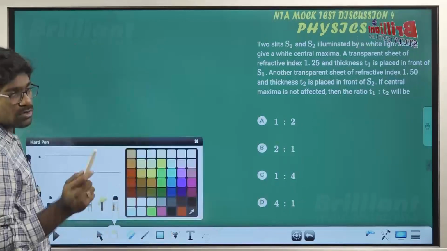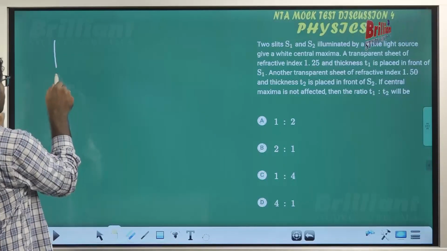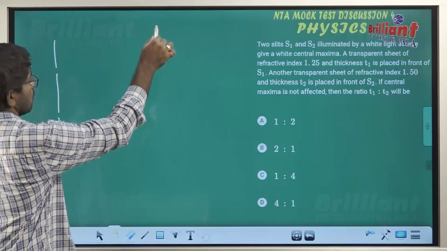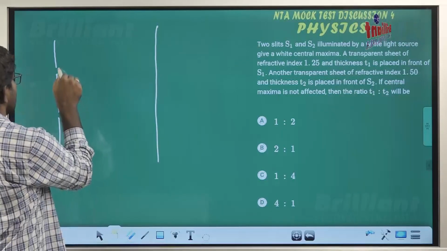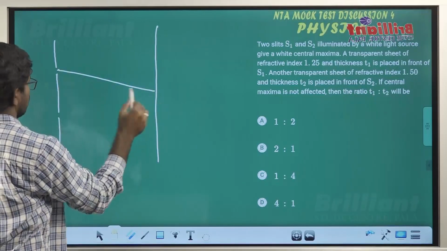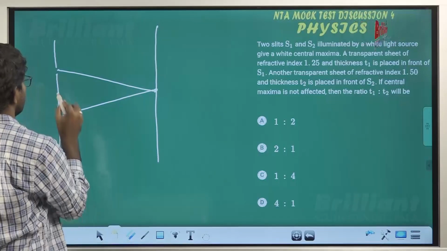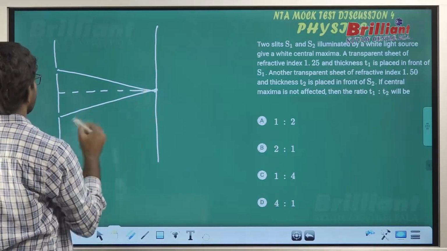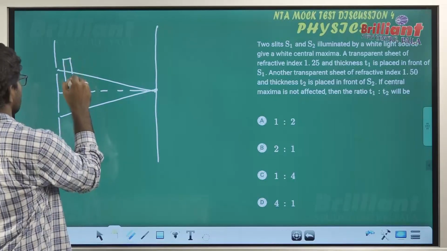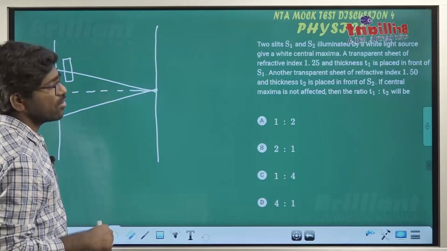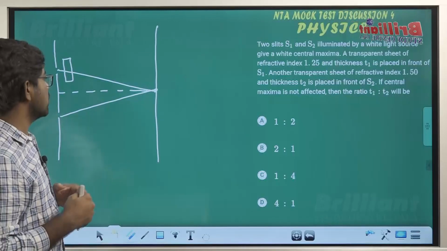Okay, two slits are there here. So generally here we will be having central maxima. So here you have kept one sheet which is having refractive index nu1 and thickness T1.